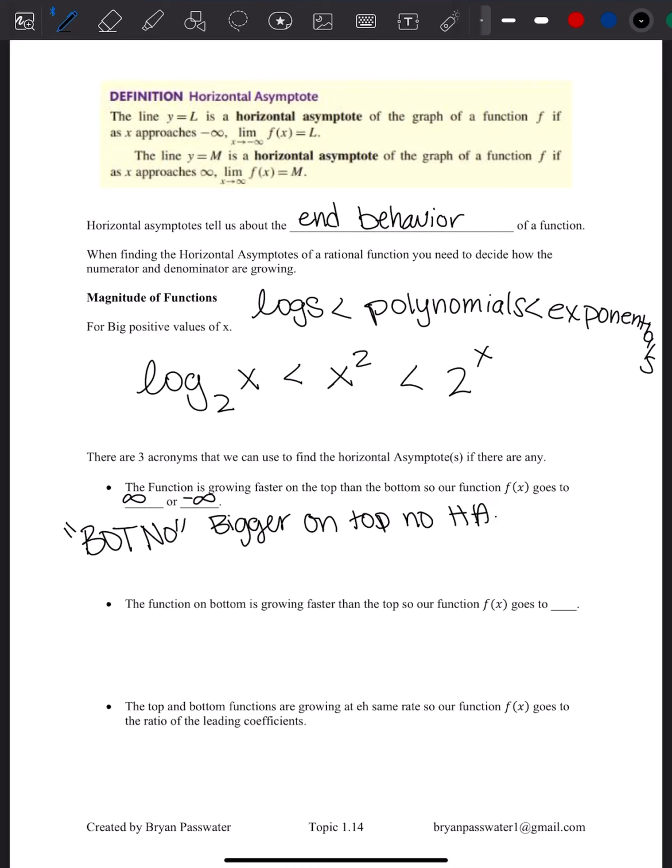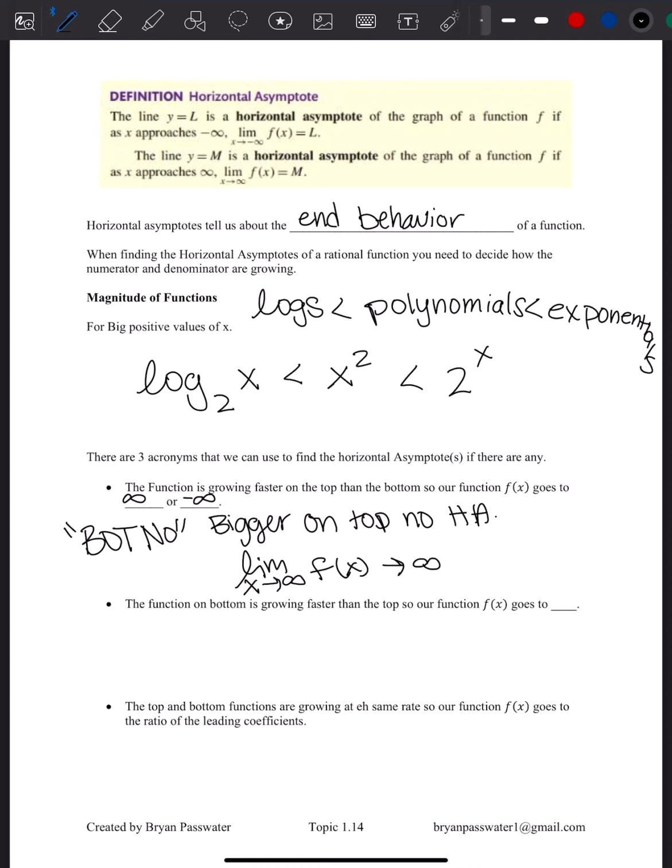When we talk about it as a limit, that just means that our limit as x approaches infinity or negative infinity of our function is going to be going towards positive or negative infinity. So it's going towards that infinite thing.